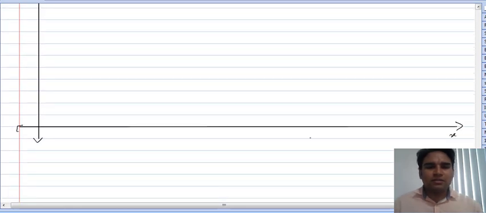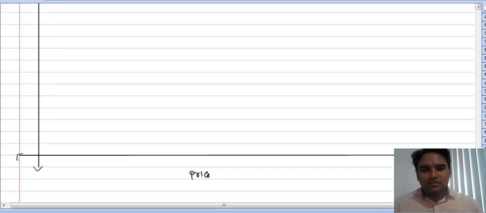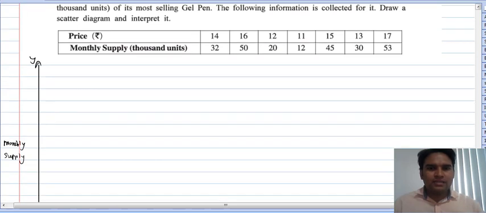So first we'll take price on the x-axis and monthly supply on the y-axis. Right, so for price you can see 14, 16, the minimum value is 11 and the maximum value is 17.